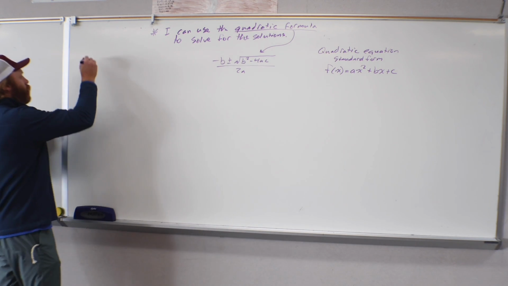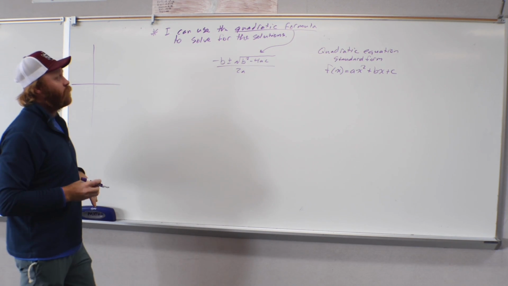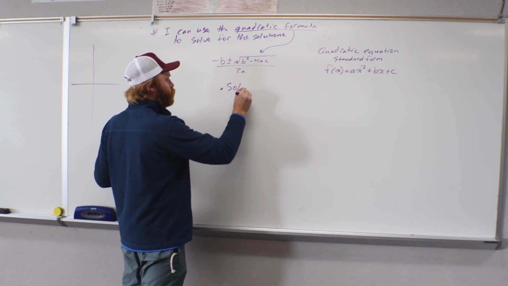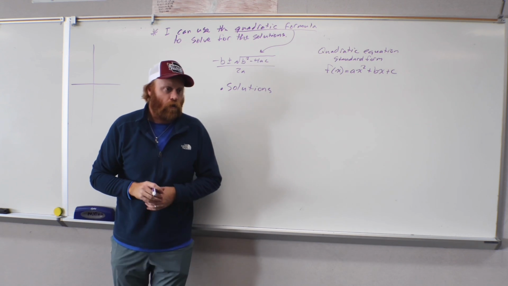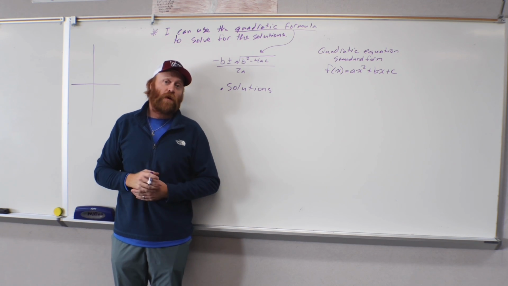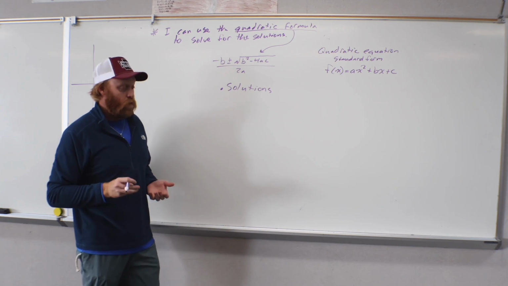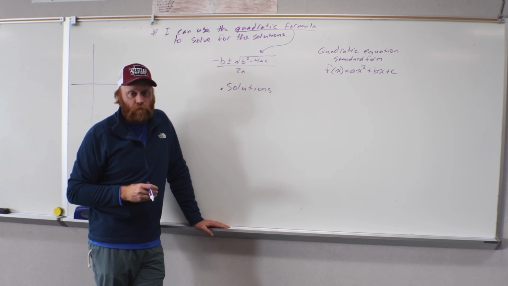When we use the quadratic formula, we're solving for what we call the solutions. Now again, I tell my students this all the time. I will tell you the things that I like about math and the things that I don't like about it. This is one of the things that I don't like about it. There's about 4 different names for the same thing.